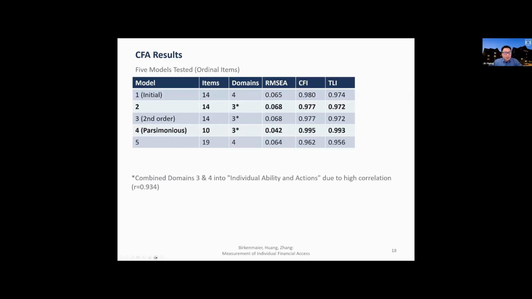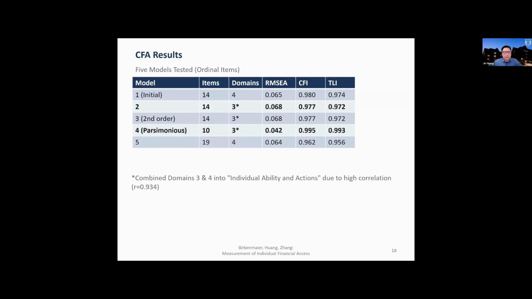Okay, now let's look at the 5 confirmatory factor analysis model specifications that led us to the final scale. In model 1, we use the baseline model, including the 14 measurement items we generated from our last phase, and also the 4-domain structure.